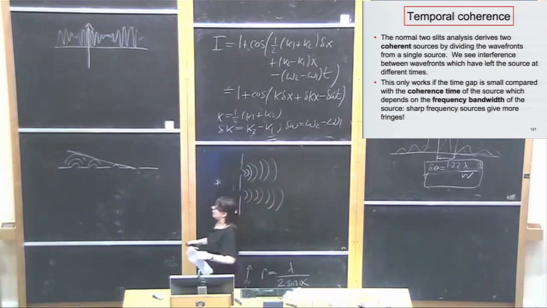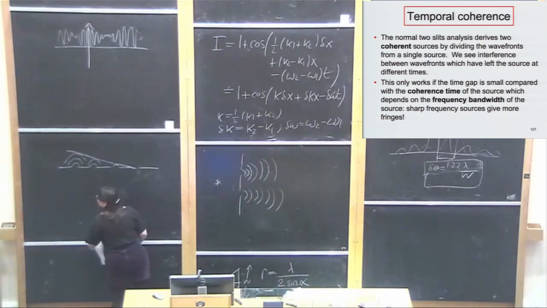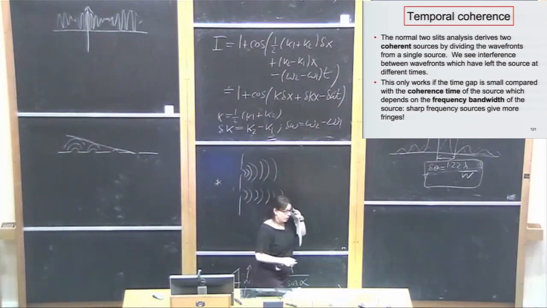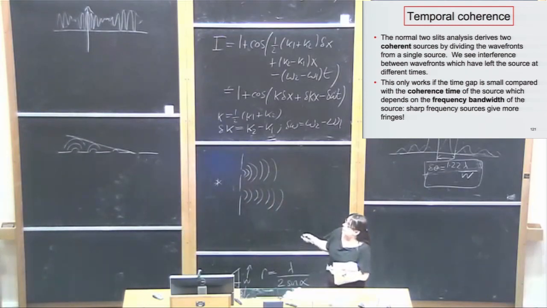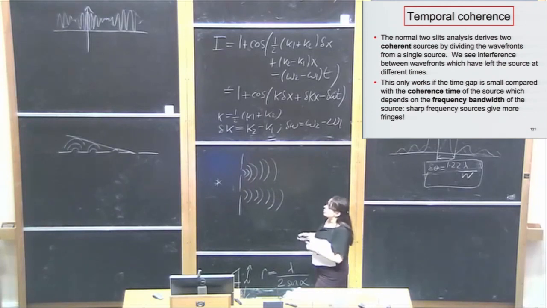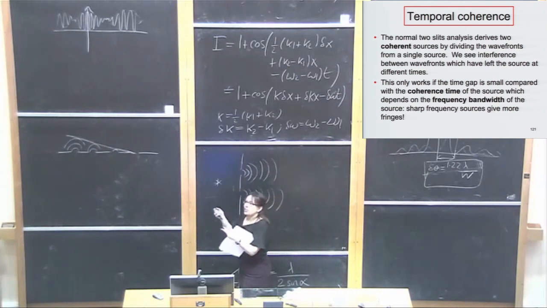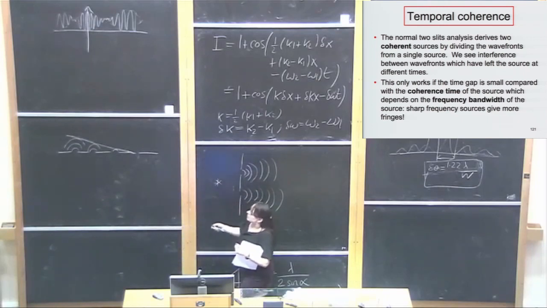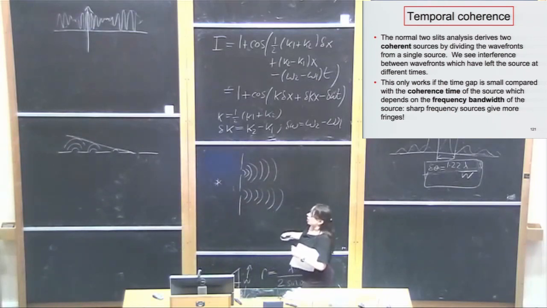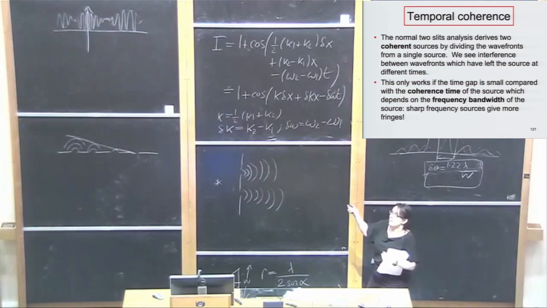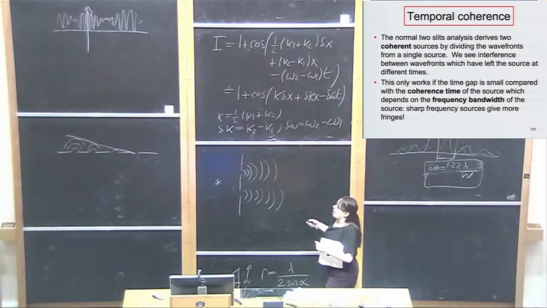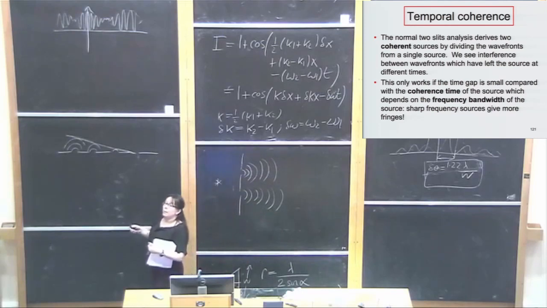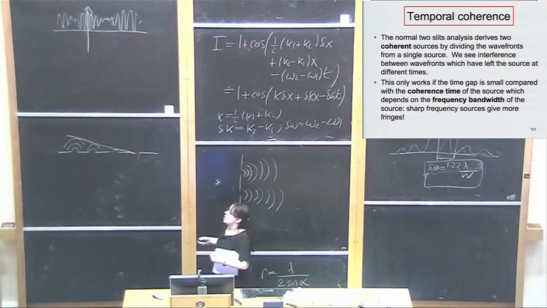But actually, in any real light source, you don't necessarily have that. The thing that describes that is called temporal coherence. It turns out, at some point, something changes in your light source, right? And so something that does this for a long, long time is said to have a long temporal coherence time. Turns out, if you do the full analysis, that is very much related to how monochromatic a light source is.